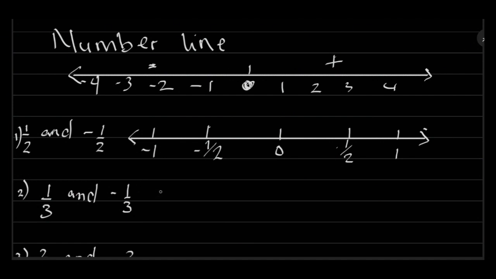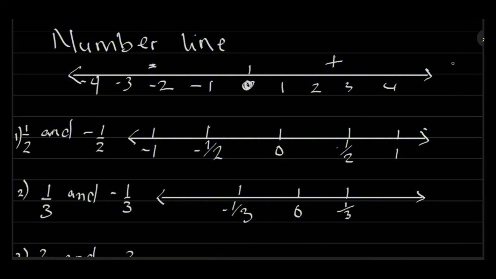Now let's try with number 2. We have 0. On the right, we have positive 1 on 3. On the left, we have negative 1 on 3. That's as far as it goes.